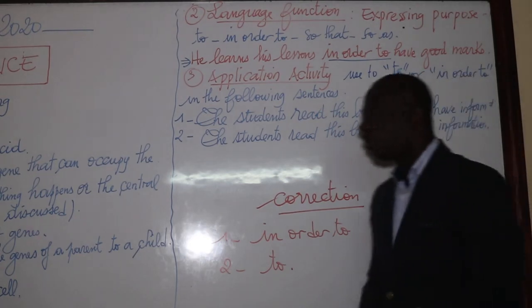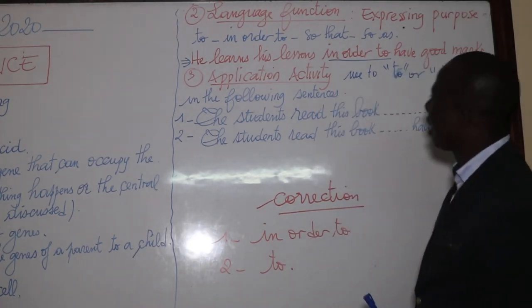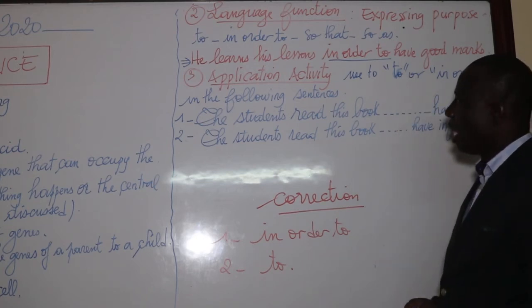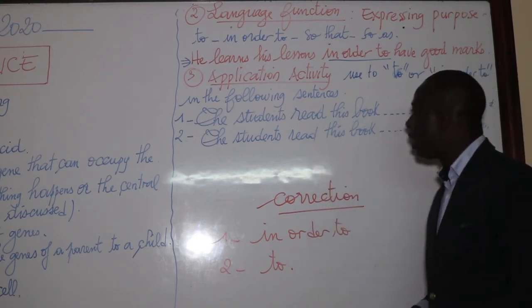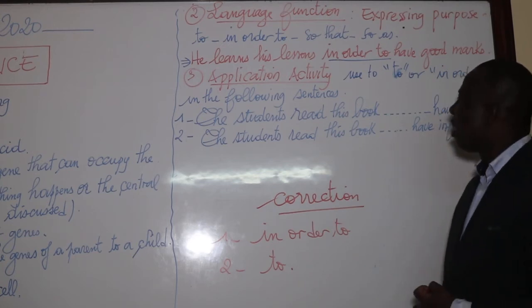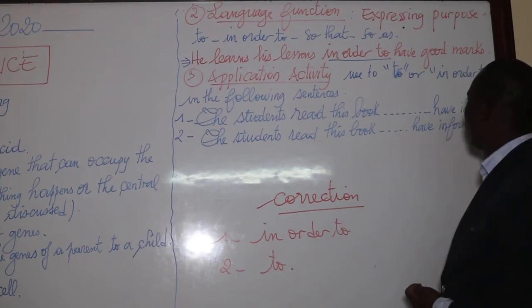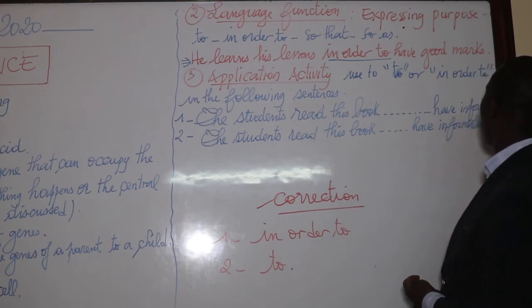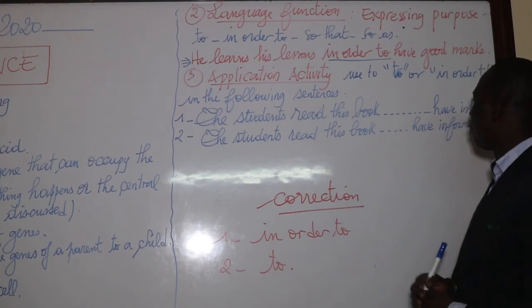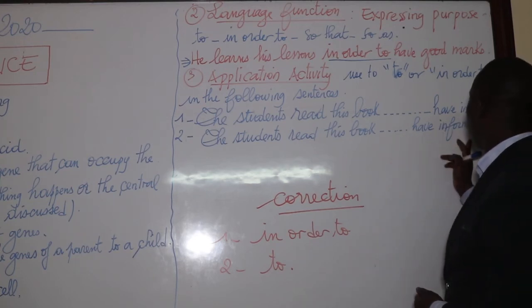Now, number 3, application activities. Use to or in order to in the following sentences. We have first sentence, the students read this book, have information. Number 2, the students read this book, have information.